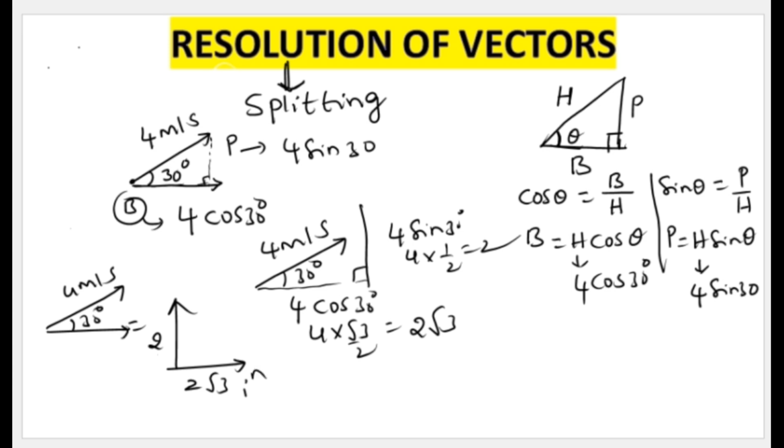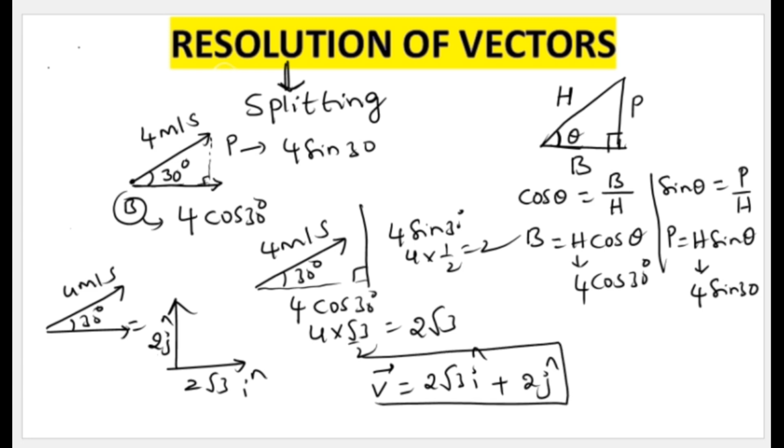So this is written as 2√3 i cap, this is 2 j cap. So we can write velocity is equal to 2√3 i cap plus 2 j cap. So this is the representation of vector.